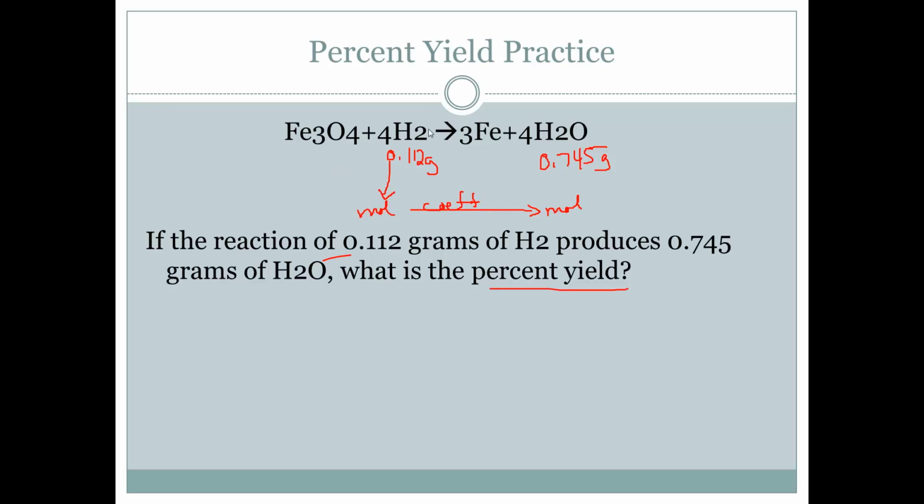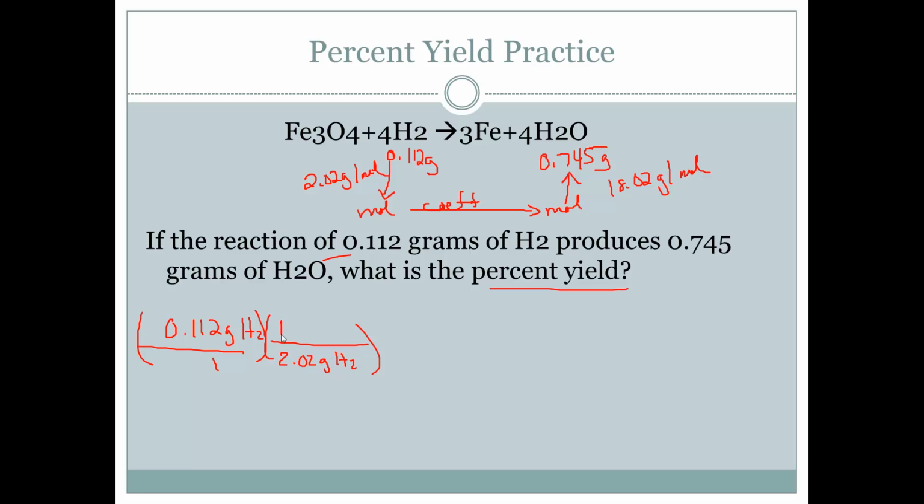Now we go from moles to grams. We had to figure out the molar mass of H2O. That's 18.02 grams per mole. So 0.112 grams of H2 over 1. 2.02 grams of H2 can get us into 1 mole of H2. So now we are into moles of H2. Now we can use the coefficients.